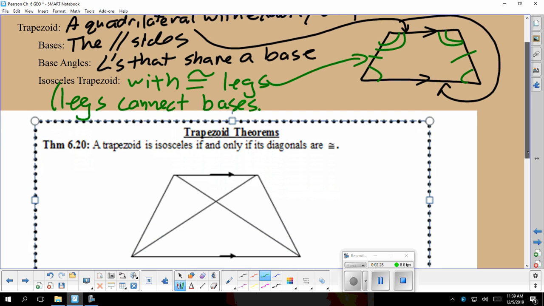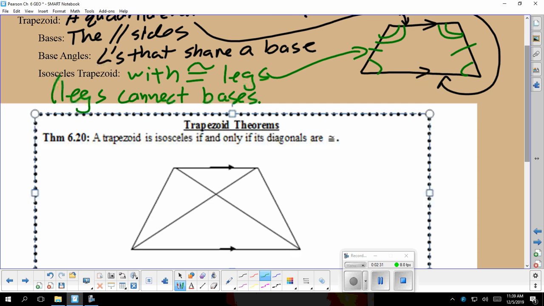So, some properties of this. Notice that we are out of the land of parallelograms. So all those properties of parallelograms no longer apply to trapezoids and kites.